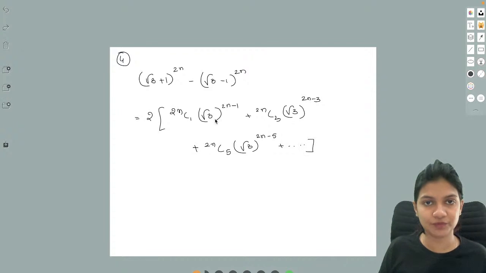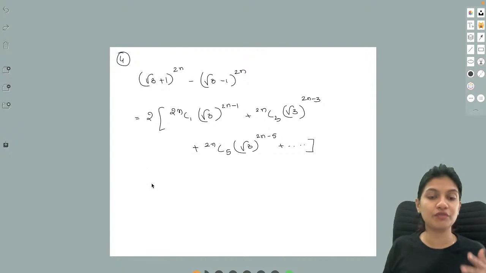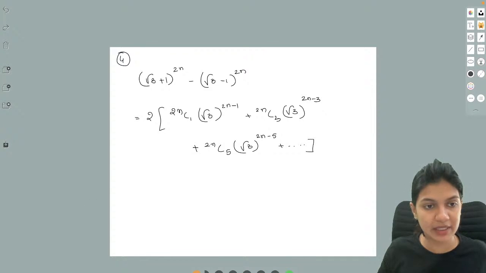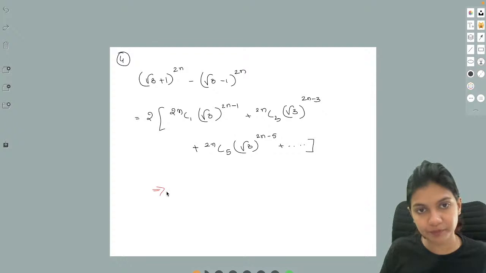For sure, these powers of root 3 that we have written are odd numbers. So for sure, this will be an irrational number.